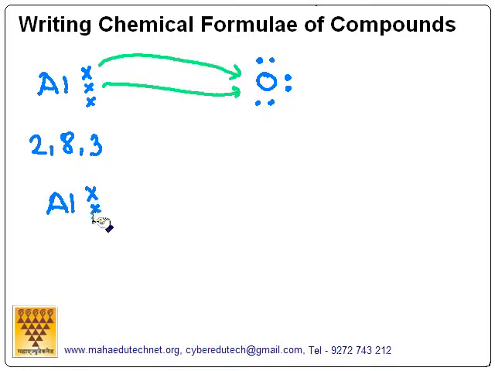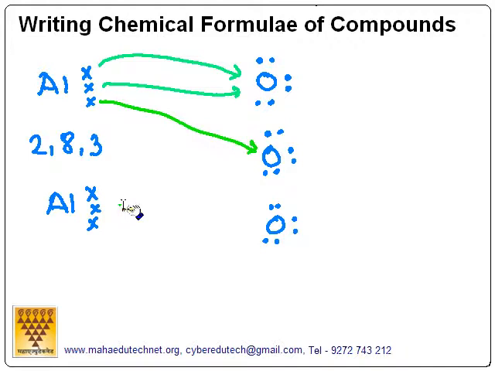In that case, one more aluminium atom can come into the picture with 3 electrons to be given away, and 2 oxygen atoms with 2 electrons each can be accepted. For example, this third electron will be given to this oxygen atom.